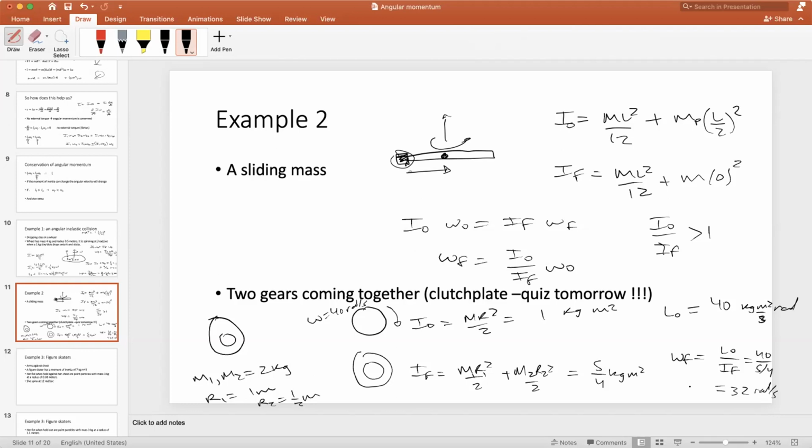They call it a one-dimensional rotational inelastic collision. I call it a clutch plate, because that's what happens with a clutch plate. You drop a new plate on and it slows your transmission down if you need to decelerate the car. And if you lifted it off, you would increase the spin of the wheel. So you can change the moment of inertia of a spinning pulley by adding mass to it or taking mass away. This works for humans too.